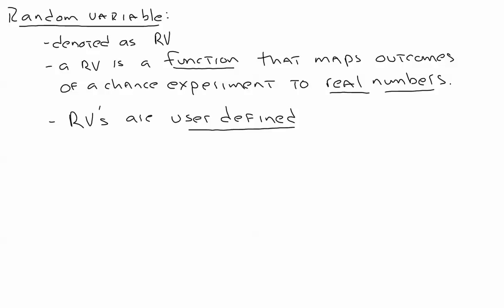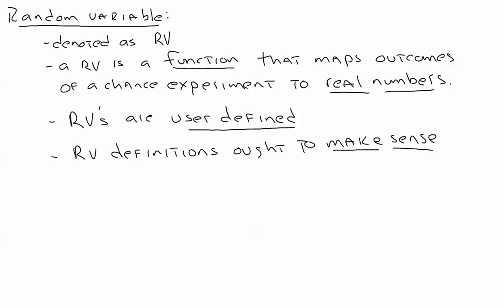You get to define how real numbers are assigned to outcomes of chance experiments, but the random variable definitions ought to make sense and should be chosen so that we can use our mathematical tools to understand the random nature and the probability of outcomes for various chance experiments.